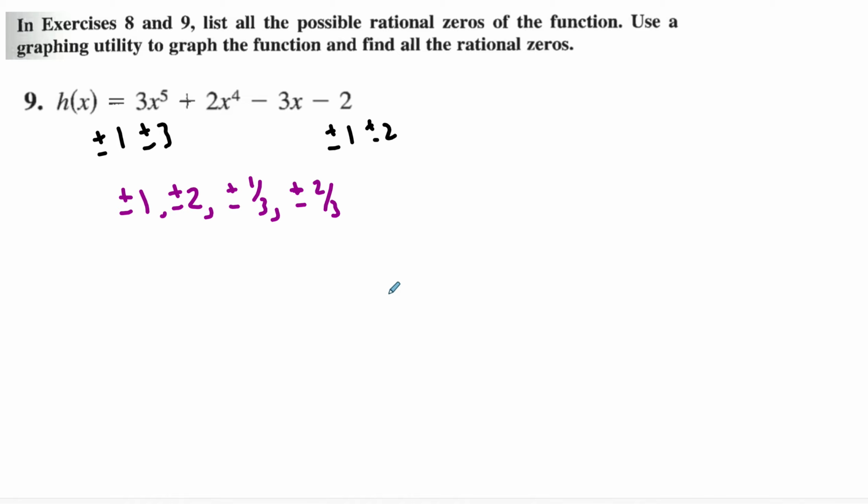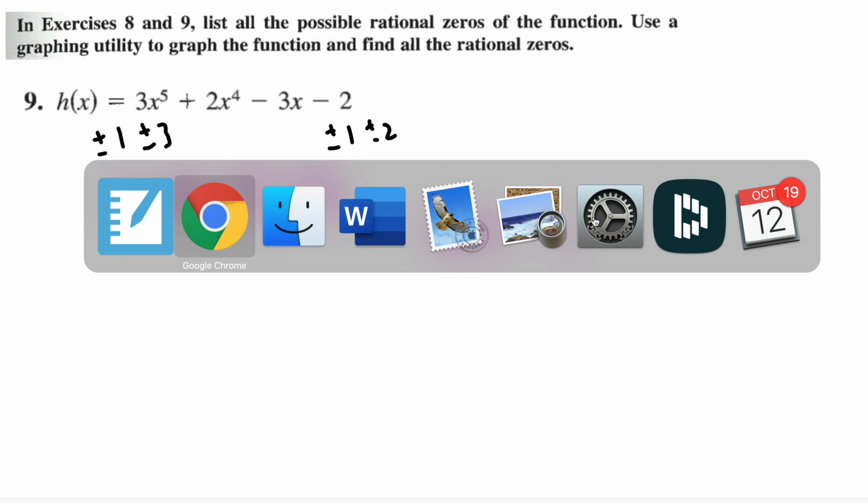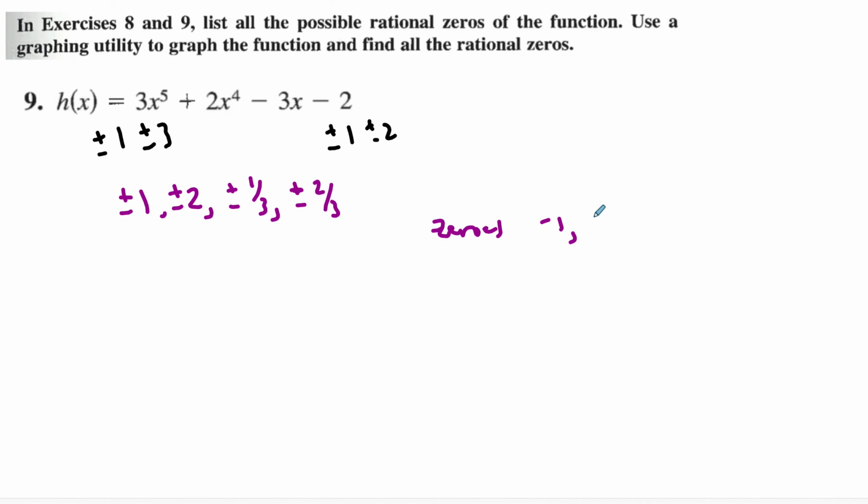Use graphing utility to find all the rational zeros. So it turns out that these zeros are at -1, +1, and -2/3. And those are all the rational zeros that you get, because the rest would be complex or imaginary.